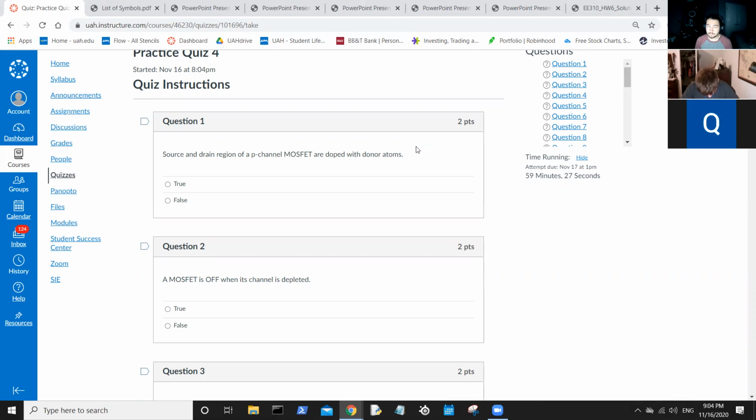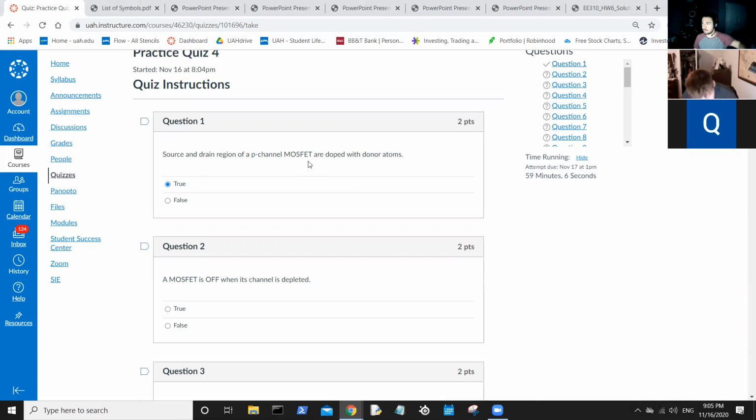So that should be false. That's the trick. It's not. Because when it comes to MOSFETs, the P channels are doped with donor and N channels are doped with acceptor. So this is true. When it comes to questions like this, there's no equation. This is just general recollection. It's inverted. Donor goes to P and acceptor goes to N.